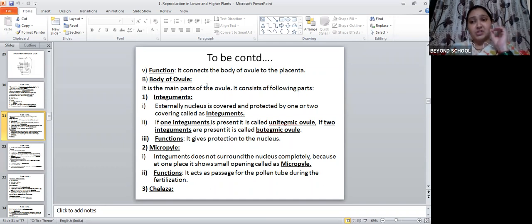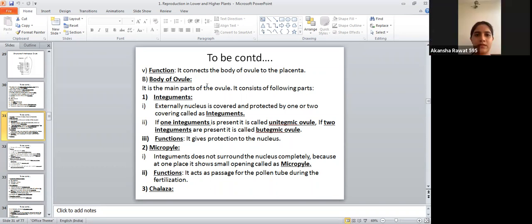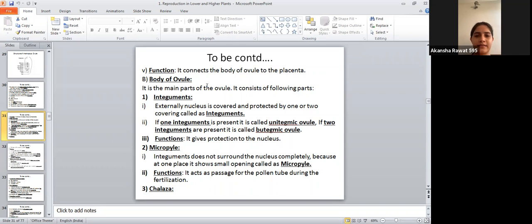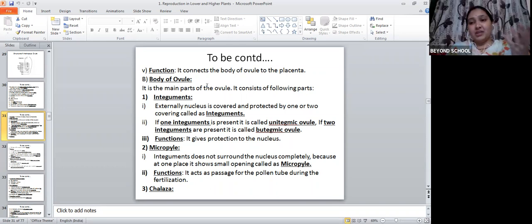If there is one integument, it is called a unitegmic ovule. If it consists of two integuments, it is called a bitegmic ovule. The function of the integument, we saw, Akansha, is that it gives protection to the nucellus.